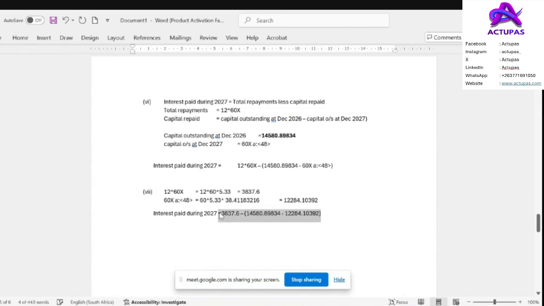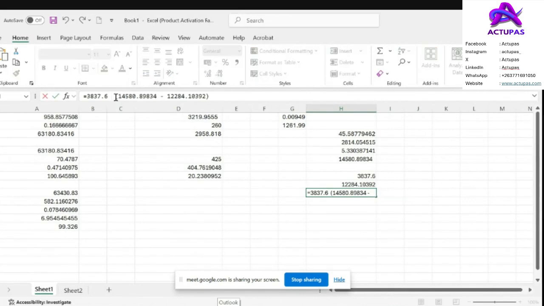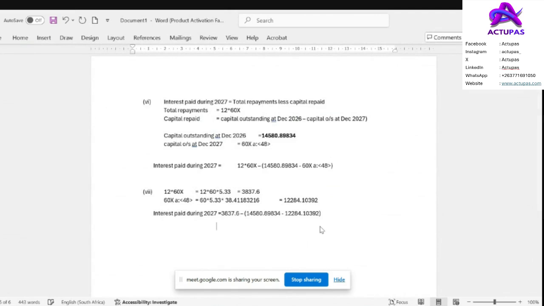This should be negative. So this is our answer, 1540.80. This is the interest paid during 2027.